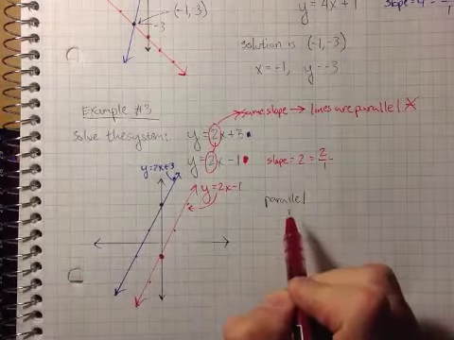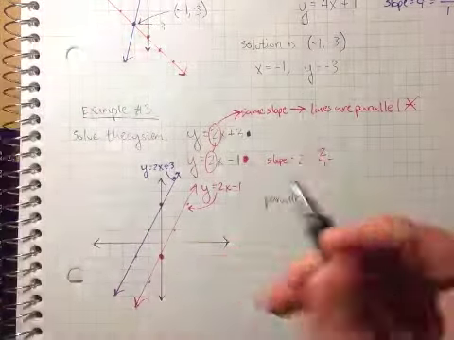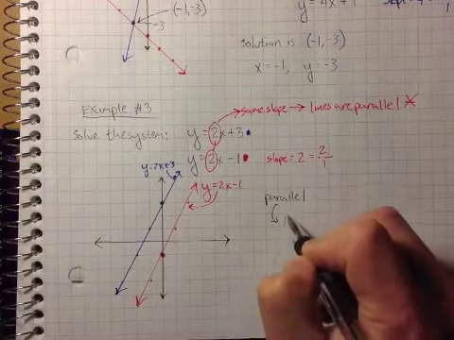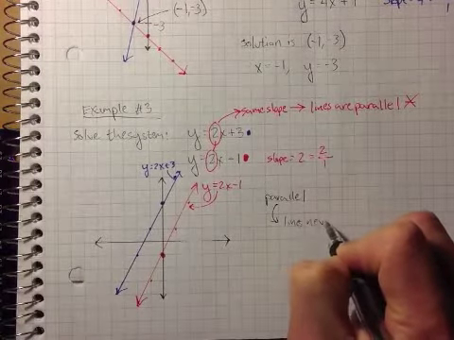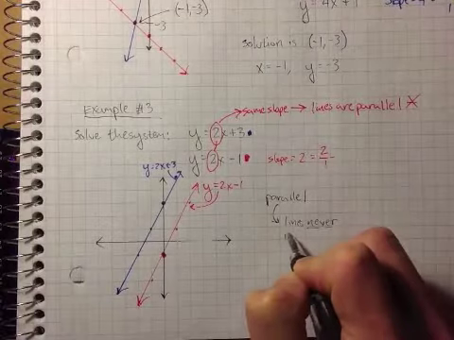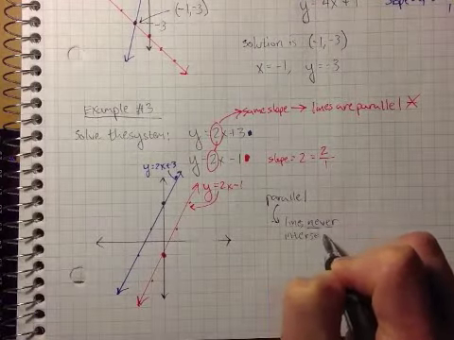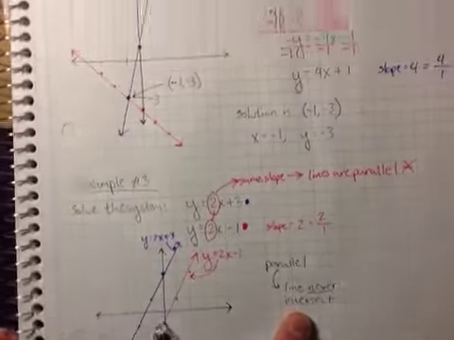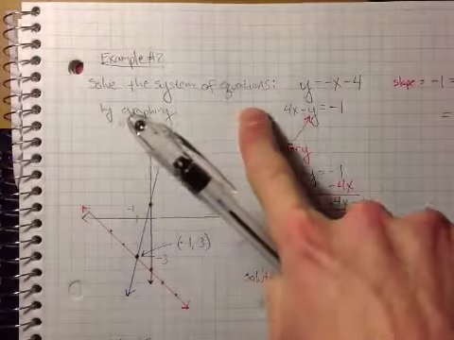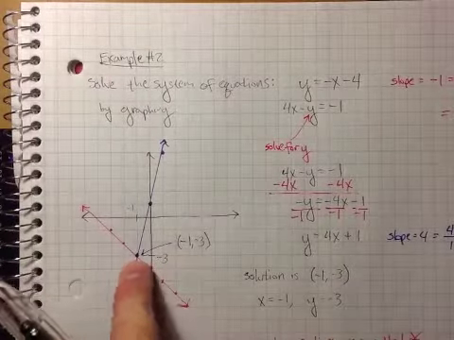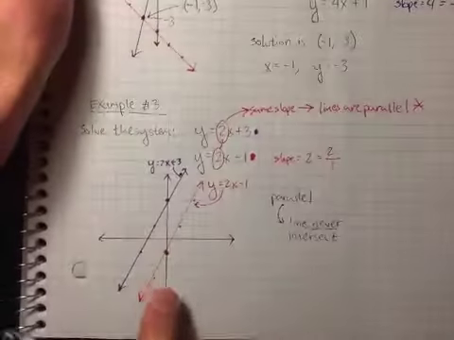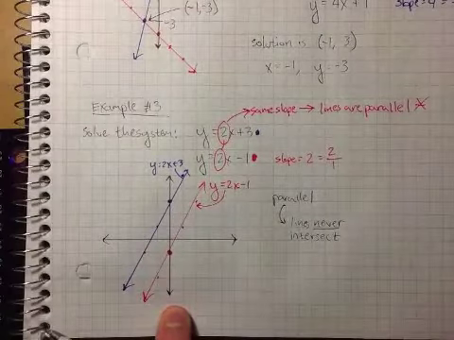Now, because the lines are parallel, you know from middle school geometry that this means that the lines never intersect. But if the lines never intersect, and the whole point of solving a system of equations by graphing is to find the intersection point, what does it mean if the two lines never intersect?